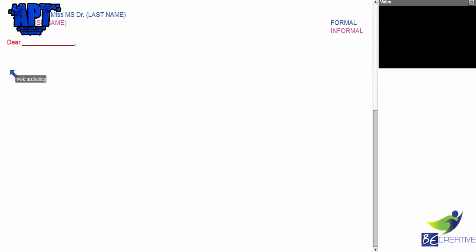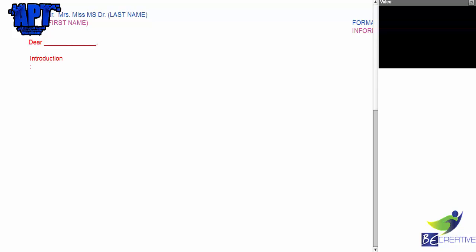The second one is the introduction. When you introduce your letter, or when you write the first paragraph, you must get to the point and start directly with the purpose.